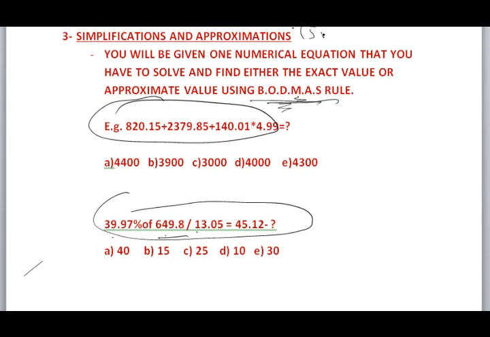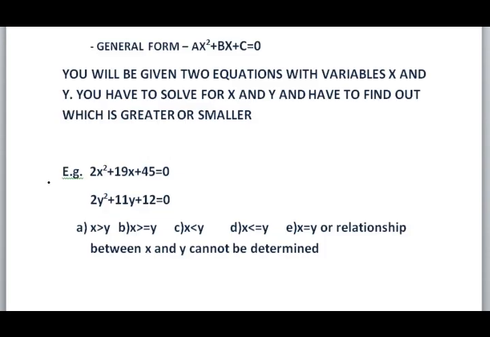This will also consist of 5 marks in your prelims examination for PO, and for clerical it will be 5 to 10 marks. Next is quadratic equation. This is the general form of a quadratic equation: ax square plus bx plus c is equal to 0, where a, b, c are constant numbers. So what kind of questions will you get in this? You will get two equations in x, y form.